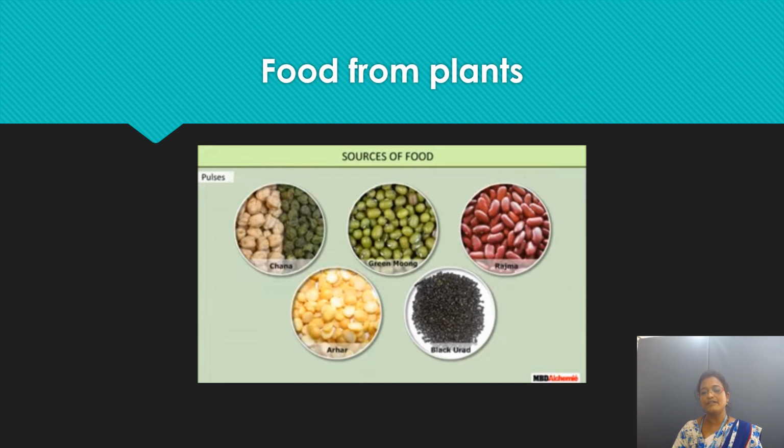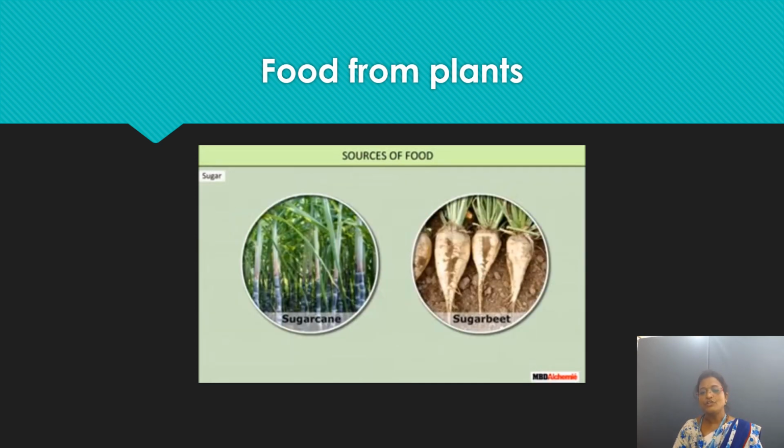You can see a variety of pulses on the screen like chana, green moong, rajma, urad. Next is sugar. Here we get sugarcane, which is a plant source, and sugar beet is also a plant source.